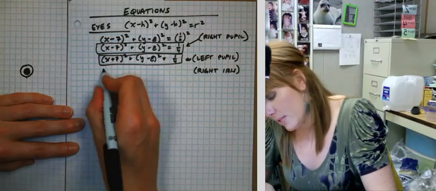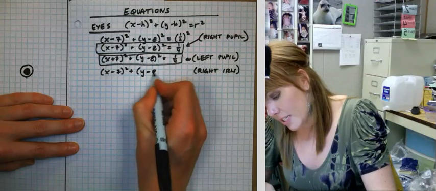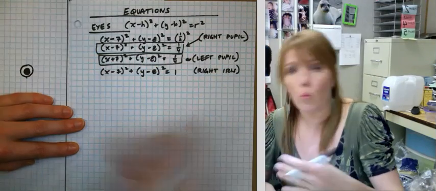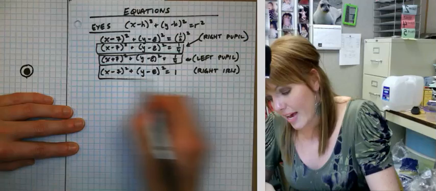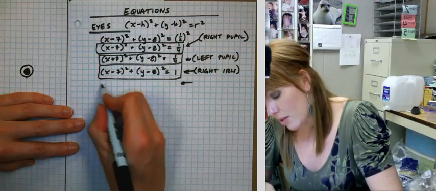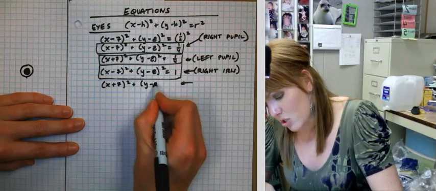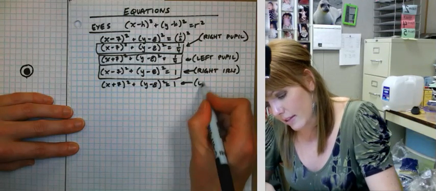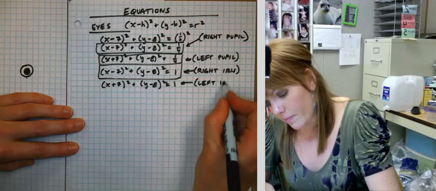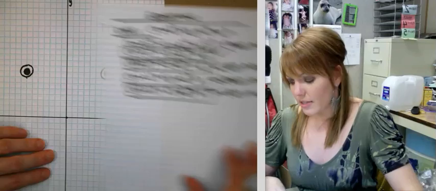So this becomes (x − 7)² + (y − 8)² = 1², which is 1. And then same exact thing for the left iris, except the center is at (−7, 8). So (x + 7)² + (y − 8)² = 1, and that is the left iris. Okay, so let's just leave it like that for now.